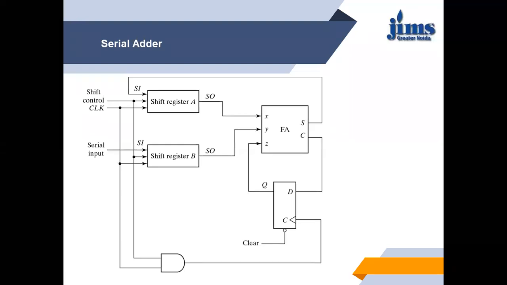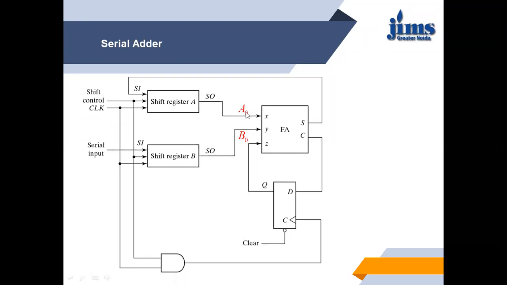So what happens, whenever the first clock pulse is given, then A0 and B0 will be serially out. They will go to X and Y, and the previous carry is initially 0, because we have used a D flip-flop. We have cleared this D flip-flop, and whenever it is cleared, the output Q is 0.